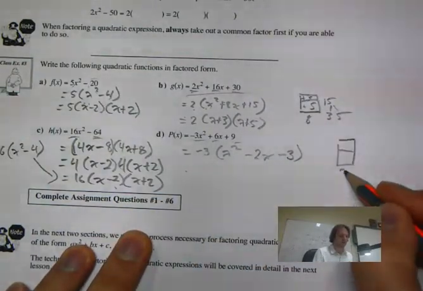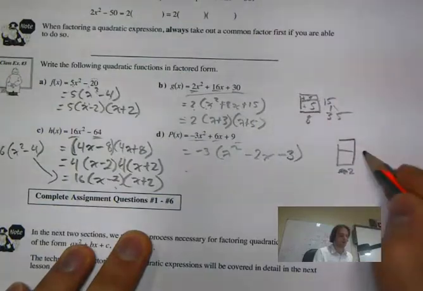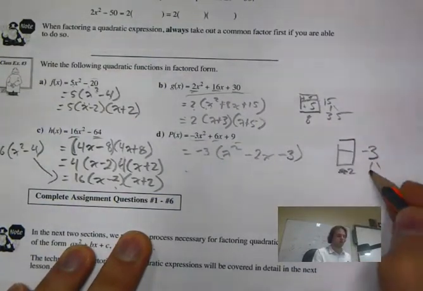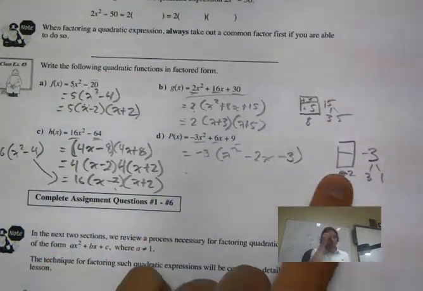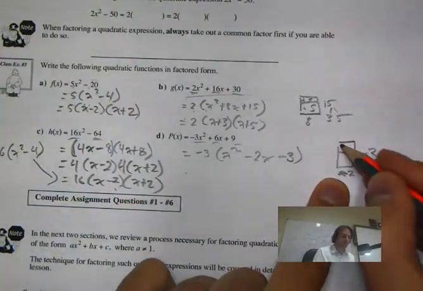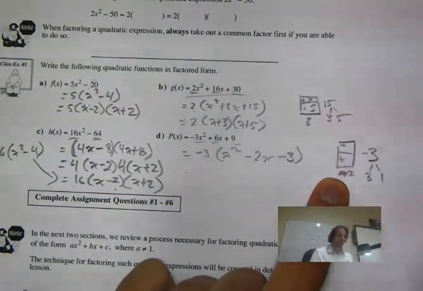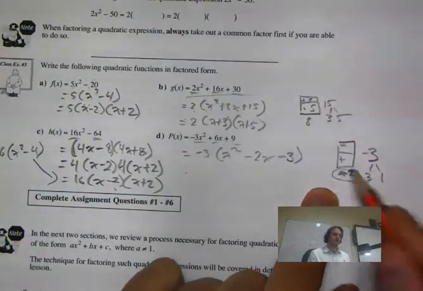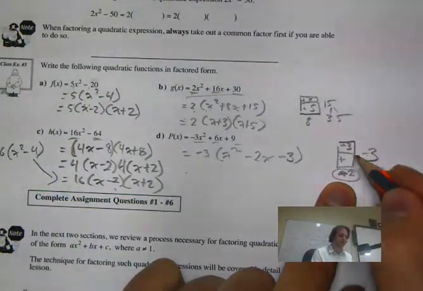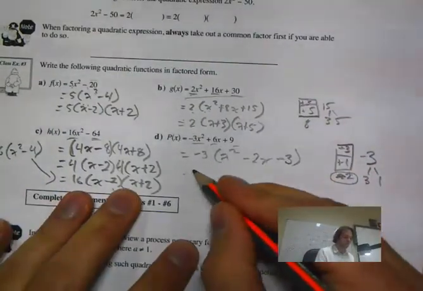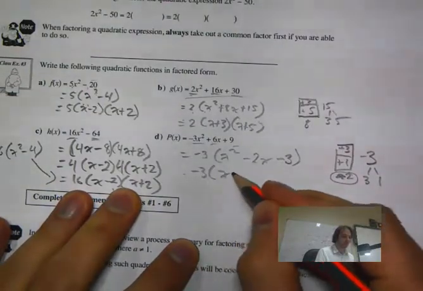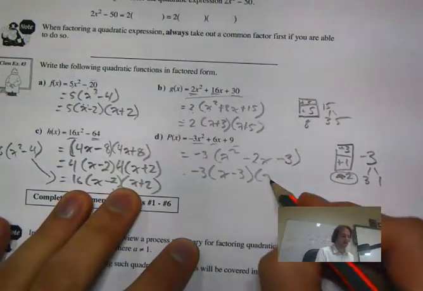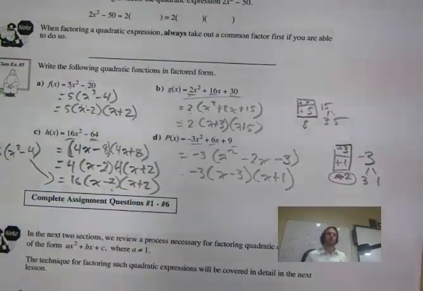I have -2 and -3. This is just 3 and 1. They're both negative. That means one must be negative, one must be positive. The bigger one is going to have to be negative because it's negative on the bottom. So we have 3 and 1. So that is -3, x minus 3, and x plus 1. And that's how we do that.